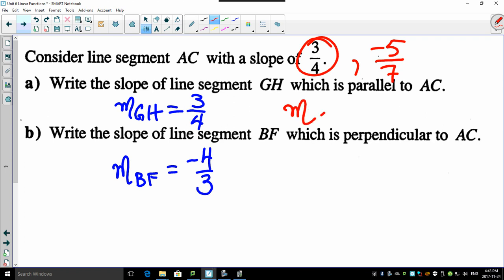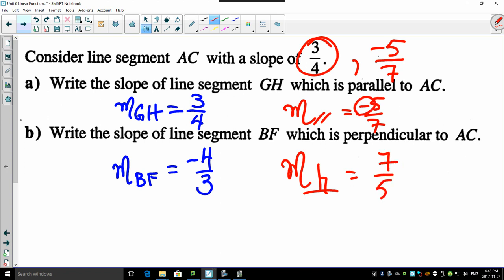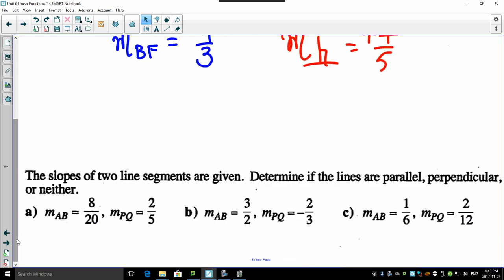Sure, a parallel slope to this would be -5 over 7. But what would a perpendicular slope of this look like? Well, you would have to take the reciprocal, 7 over 5, and don't forget, change the sign. This would now be positive. You see how it works? Pretty straightforward.